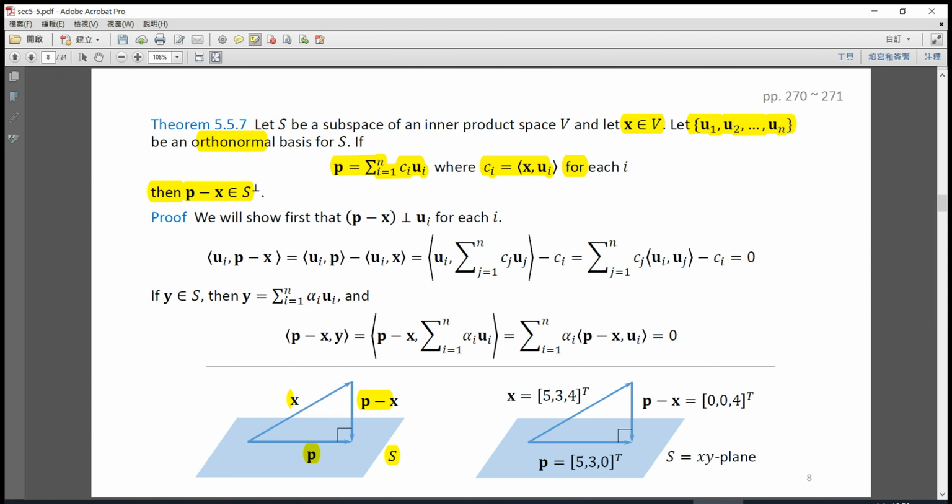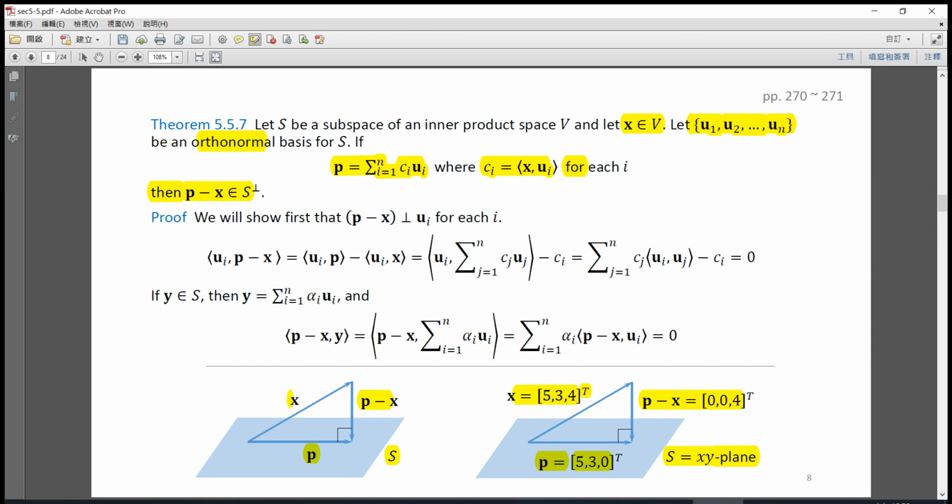We can use a concrete example to illustrate this. Let the inner product space be R3, and S is the xy plane in R3, and X is the vector (5, 3, 4). We know the orthogonal projection of X onto the xy plane is (5, 3, 0), which is denoted by P. And we have P minus X equals (0, 0, 4).